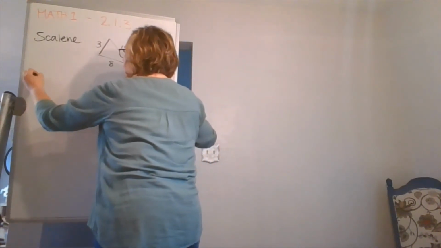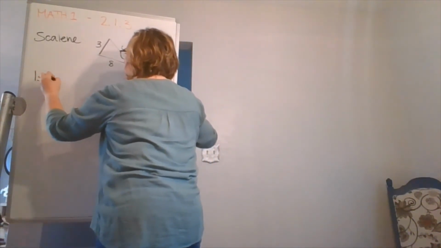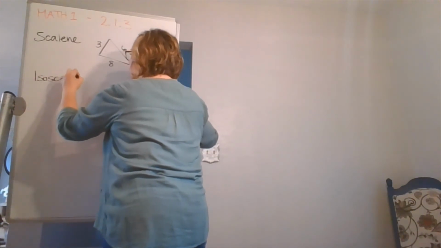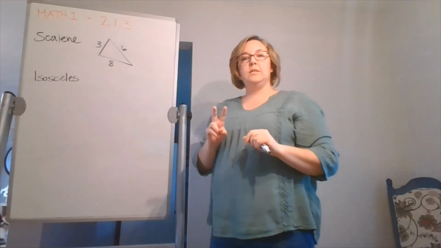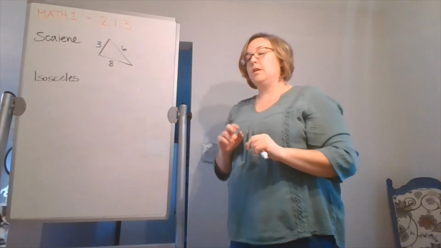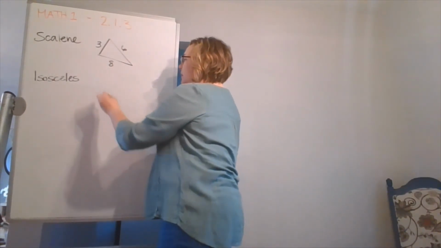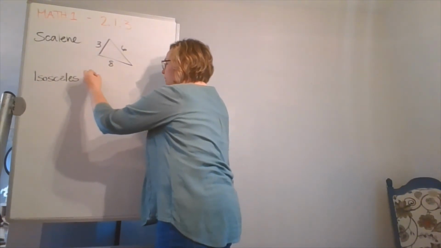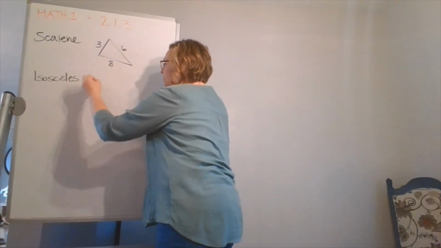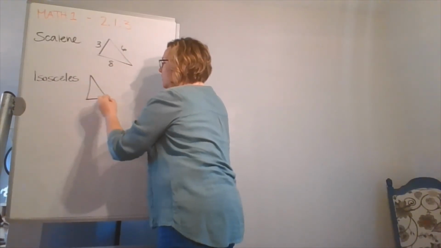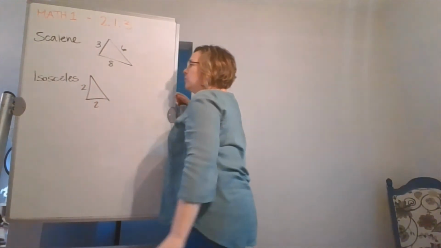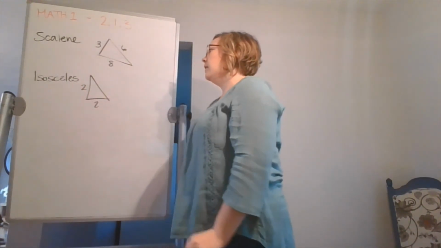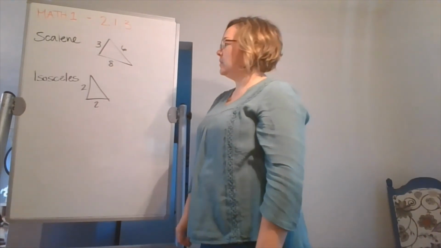Another type of triangle is an isosceles triangle. Isosceles triangles have two sides that measure the same, or two sides that are equal. Here, I'll give you an example of one first. Let's say that this is 2 and 2, so those two sides are the same measurement. That makes them isosceles.